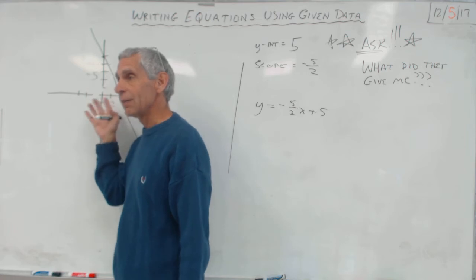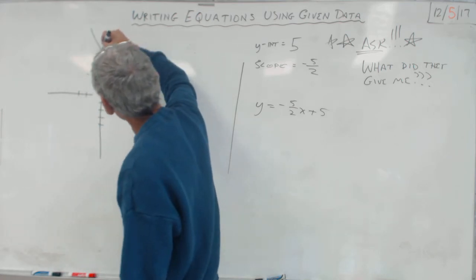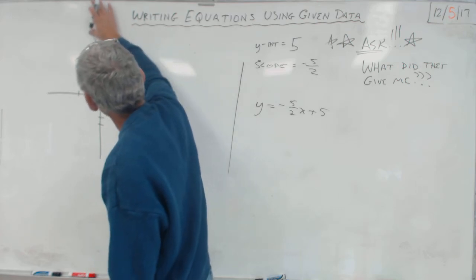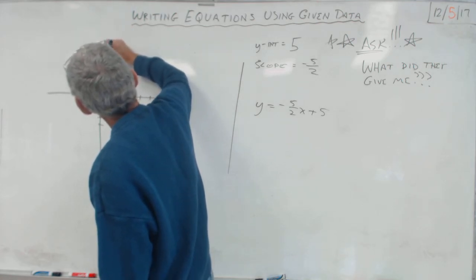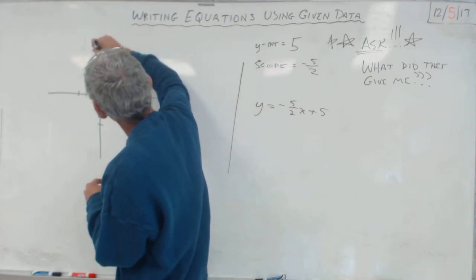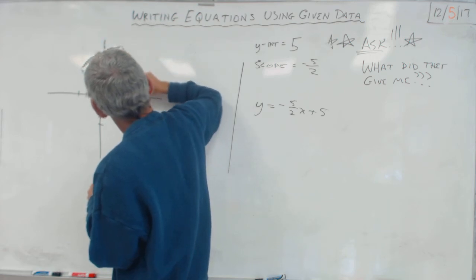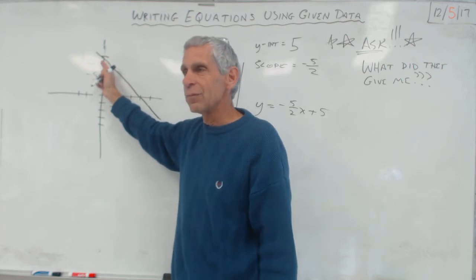Unless you can't find any place where the points are crossing. Let's say a line went like this. We don't have a y-intercept that we know.